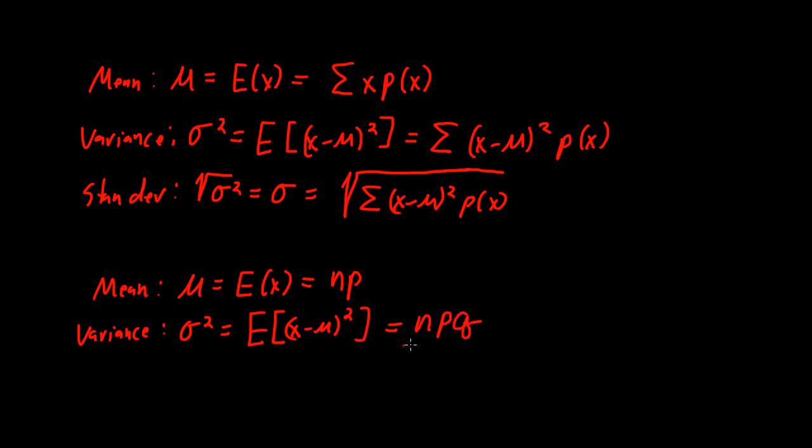So our variance is now just npq, and our mean is np if we're dealing with a binomial distribution. And again, our standard deviation, which is our sigma, is just equal to the square root of npq. So we have some really nice shortcuts when we're dealing with our binomial distribution for calculating the mean, the variance, and the standard deviation.